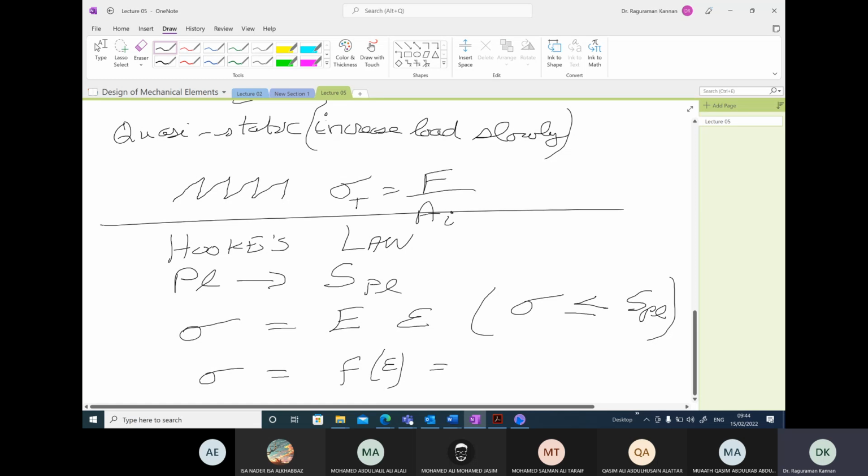For example, you can have a power law. A power law, for example, can be expressed as A epsilon raised to the power n. Okay, n could be any number.